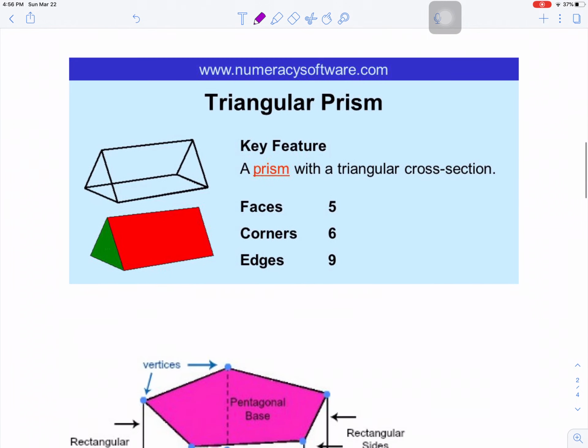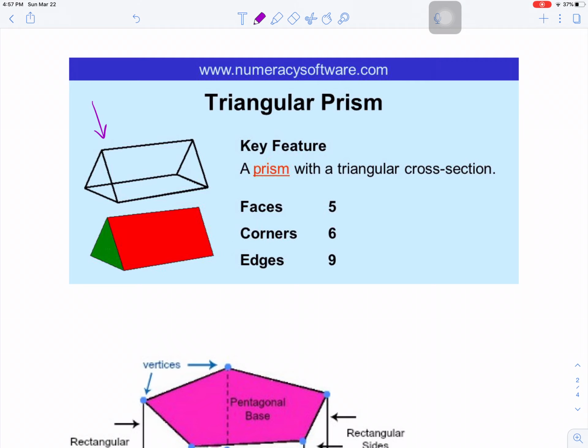All right, next. Triangular prism, a different kind of prism. This is what's going to be important to look at, the bases. Many times when we look at a triangular prism or we draw a triangular prism, it's drawn in this manner, laying down on one of its edges, and that edge is a rectangle.